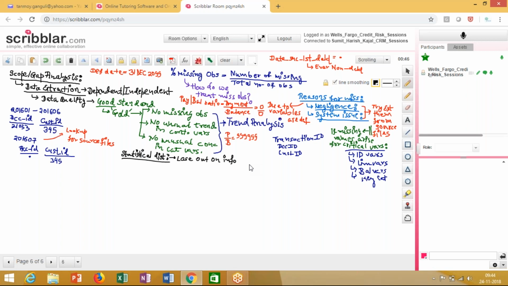However, if they are very critical variables, critical to the model, like ID, limit variables, balance variables, and key categorical variables like product type and gender category, we need to ensure that the appropriate account level information is extracted from the source files.